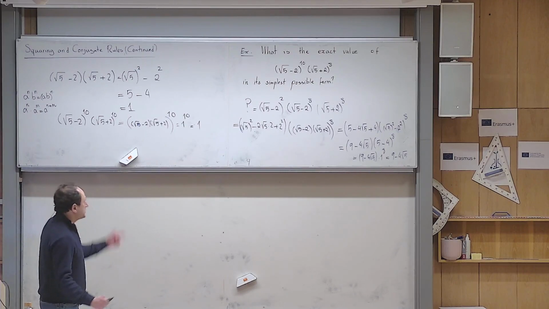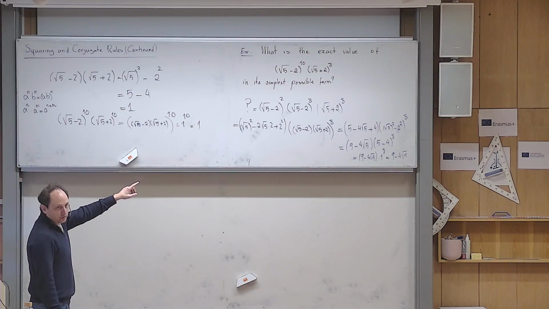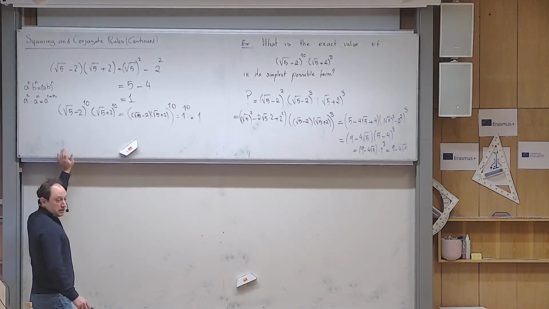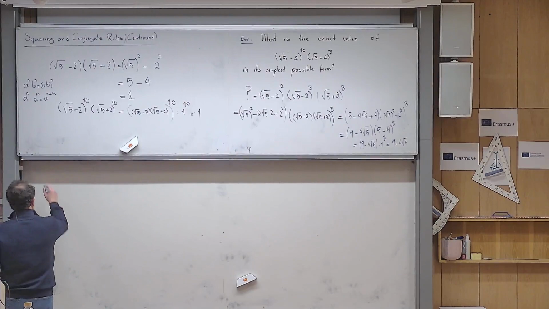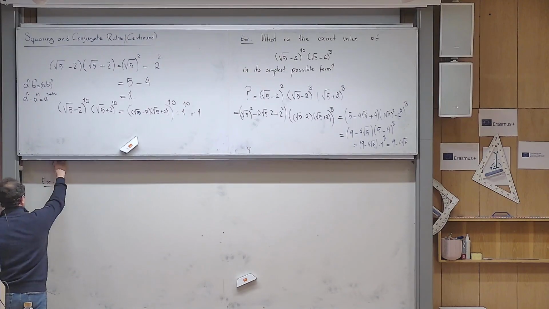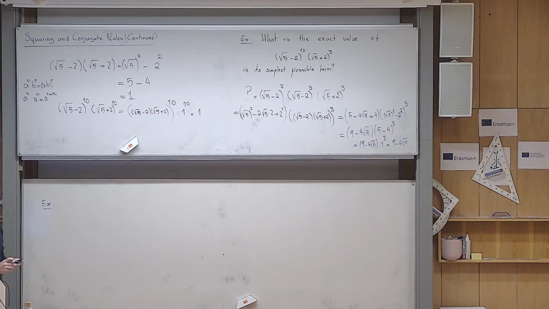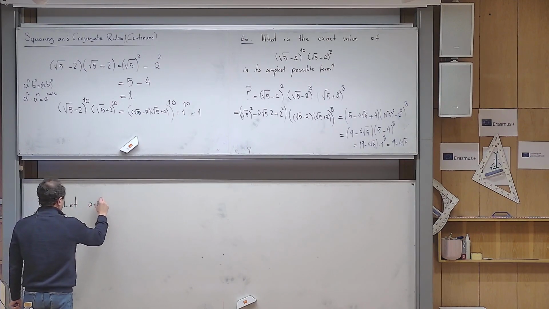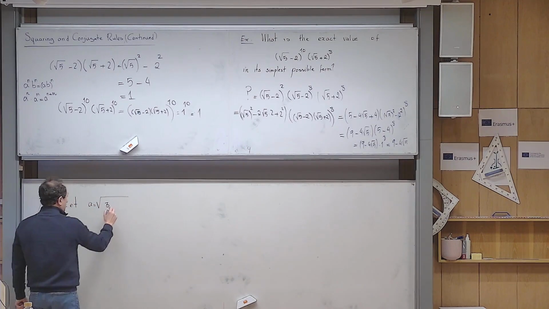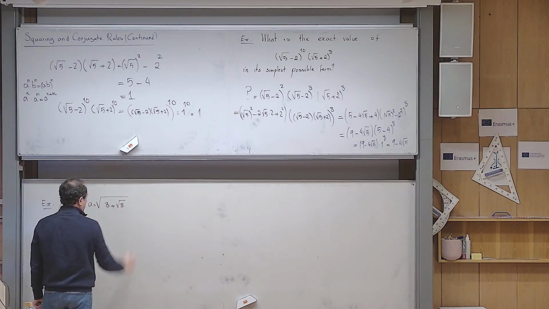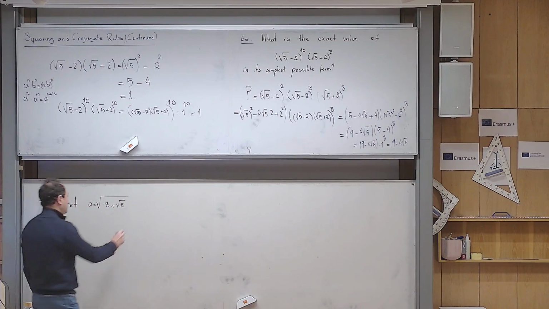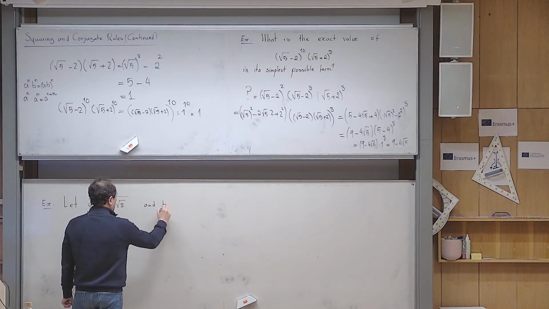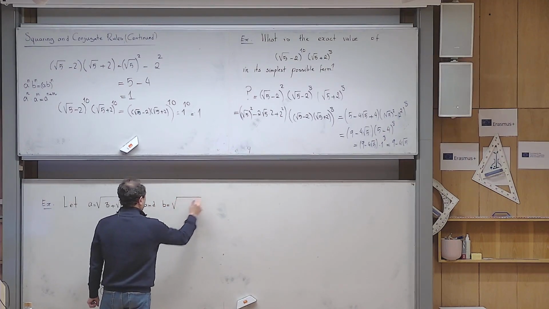Okay, so I will write something similar, but now you have a little bit of experience. So then, this is the next example. Let A be square root of 3 plus square root of 8, and B be equal to square root of 3 minus square root of 8.